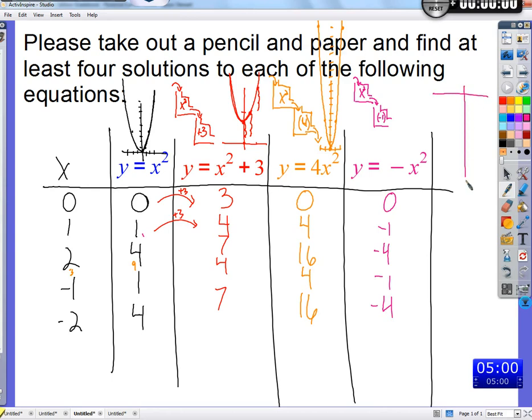So this graph's going to look exactly the same, only instead of going up to positive values, you go down to negative values. 0, 0, 1, -1, 2, -4, 3, -9. And same for negative values. -1, -1, -2, -4, -3, -9.